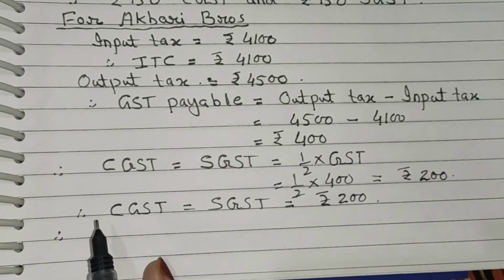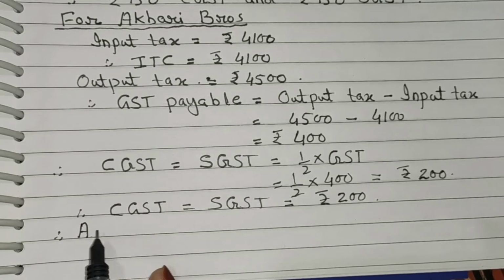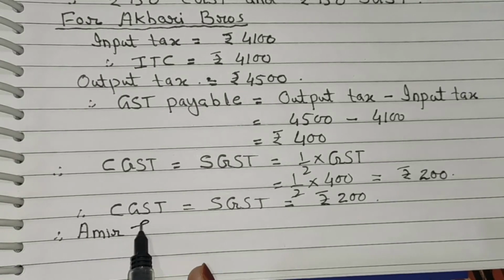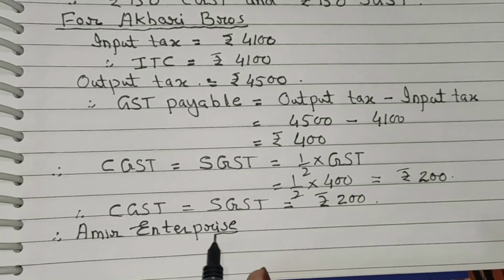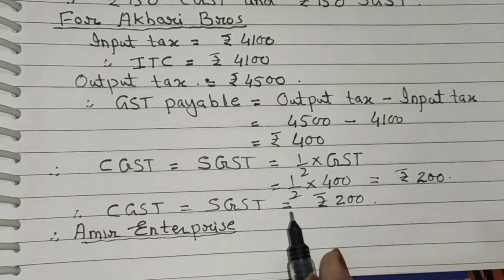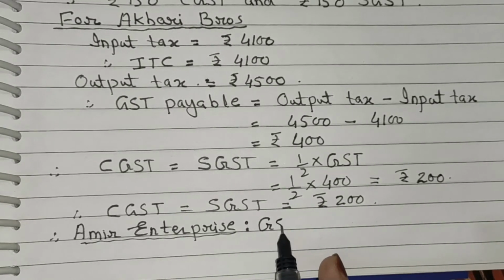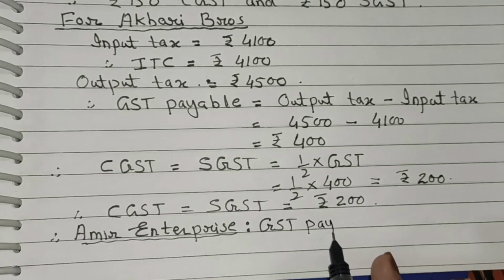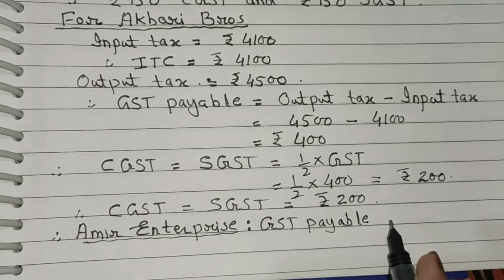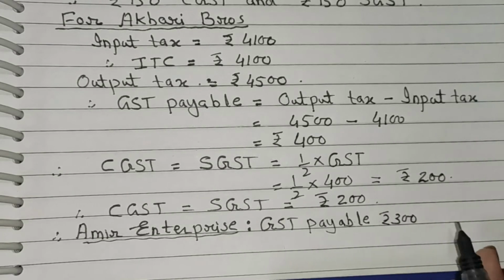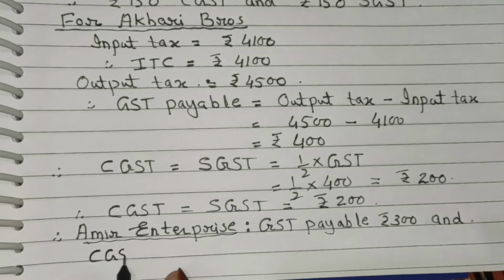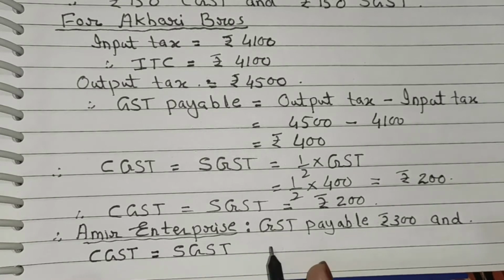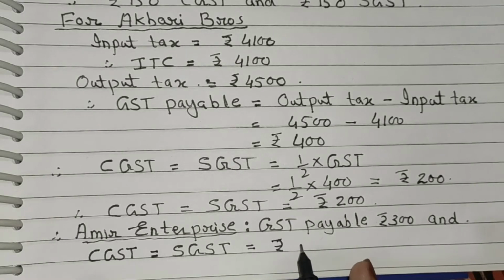Therefore, write down the answer here. Amir Enterprise: GST payable rupees 300, and CGST is equal to SGST is equal to rupees 150.